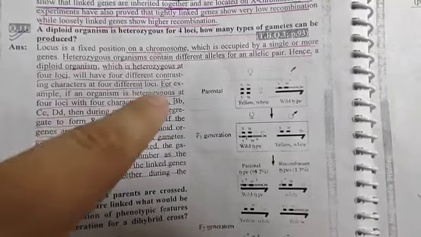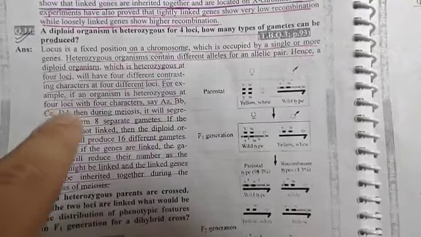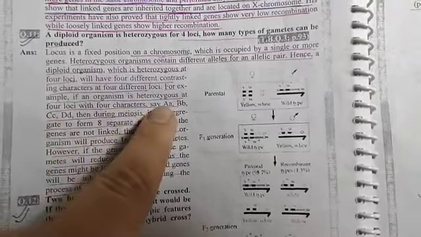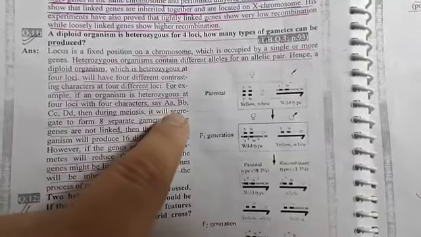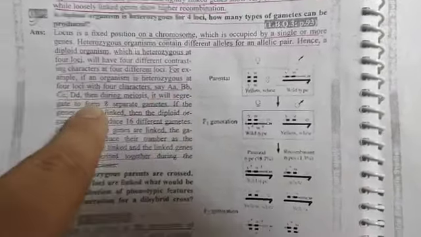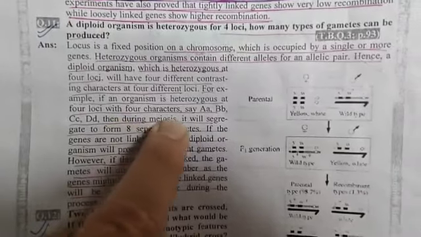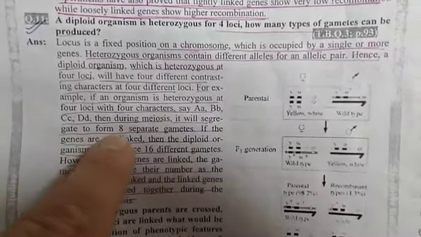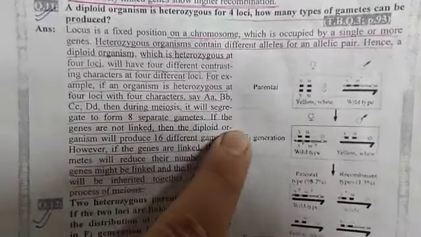For example, if an organism is heterozygous at four loci with four characters, say A, a, B, b, and so on, then during meiosis it will segregate to form separate gametes.